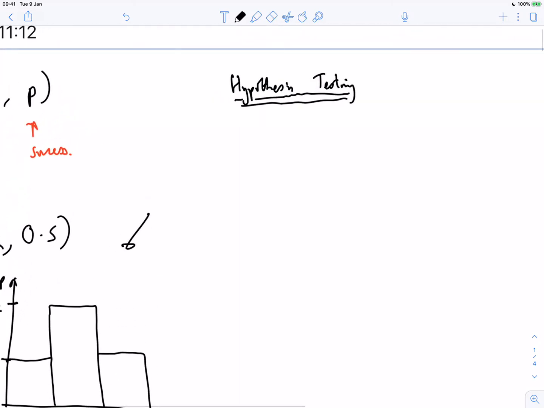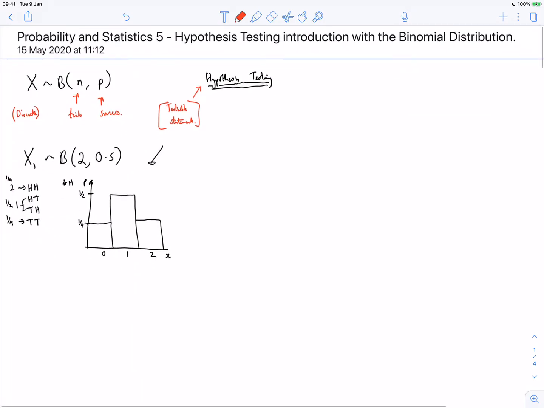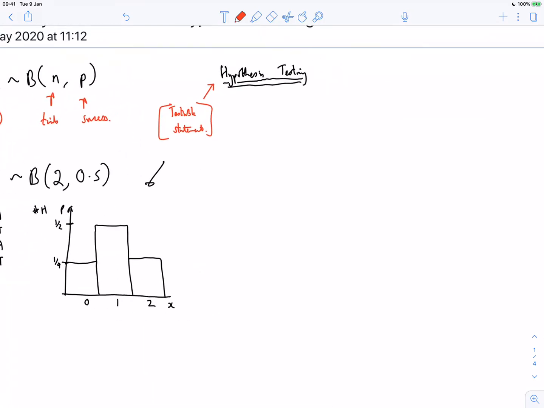A hypothesis is just a testable statement. It's just a statement that we can test against. We can say whether it's true or false, right or wrong, yes or no, and so on.